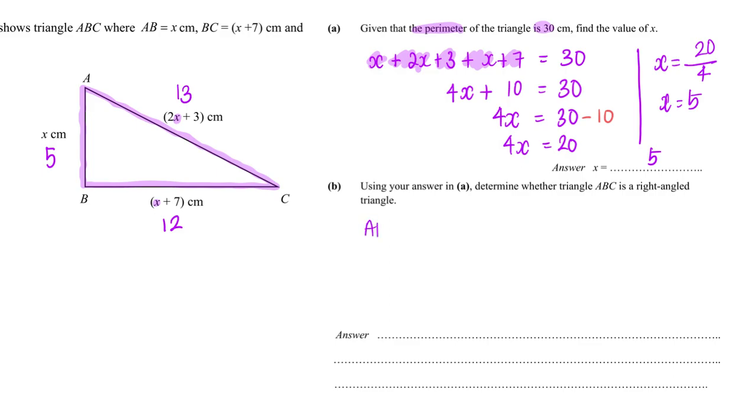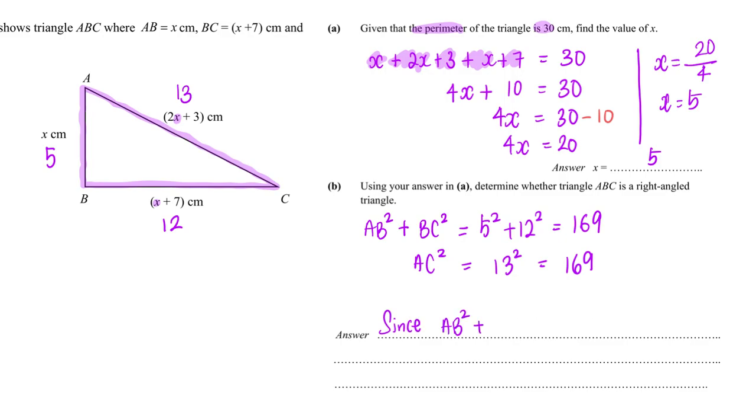So AB square is 5 square, plus BC square is 12 square, 169. My AC square is 13 square. Oh, it is also 169.